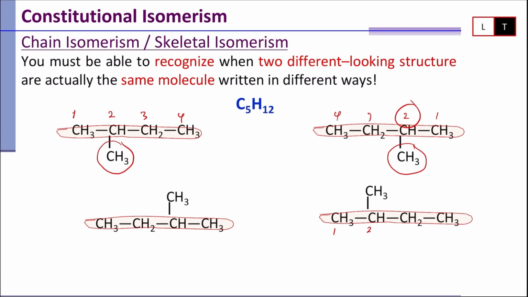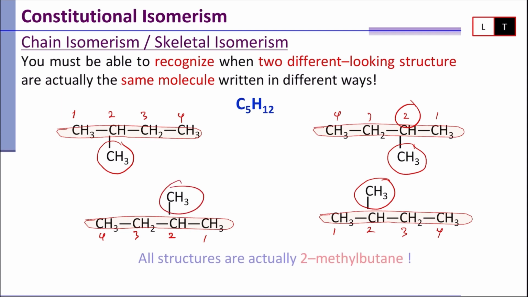And here also the same at carbon number 2, and here also the same at carbon number 2. So sebenarnya walau macam mana pun awak tulis CH3 awak, all these structures are actually the same one dan nama dia adalah 2-methyl butane. Walaupun awak tak belajar lagi nama dekat sini, saya harap awak boleh detect this kind of examples macam mana two different looking structures sebenarnya structure yang sama.